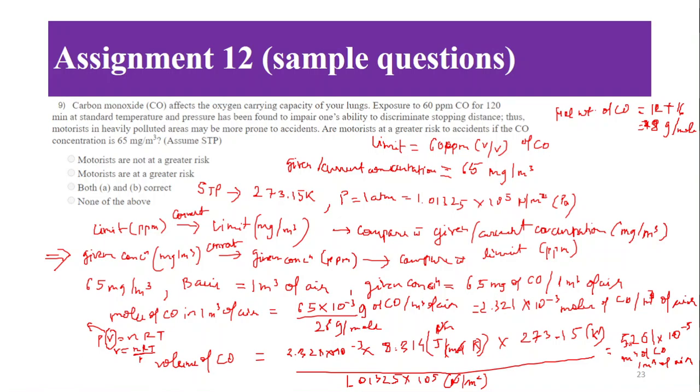So the maximum limit here is 60 ppm. So are the motorists at a greater risk? No, because this 52.01 is less than 60. So not at a greater risk. And here the answer is given.